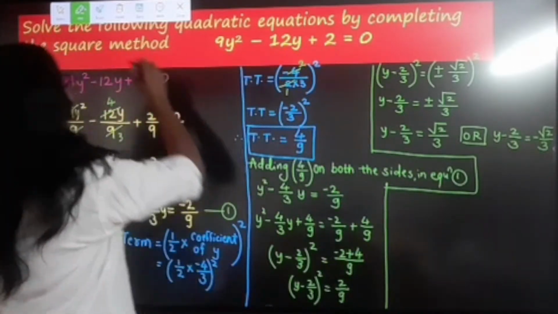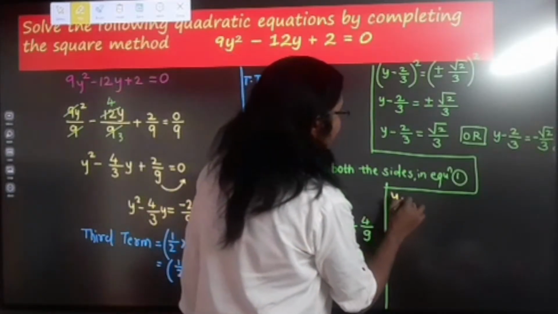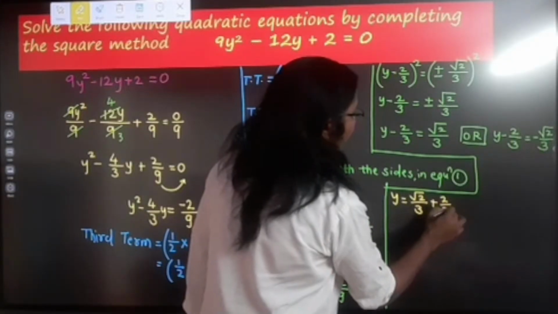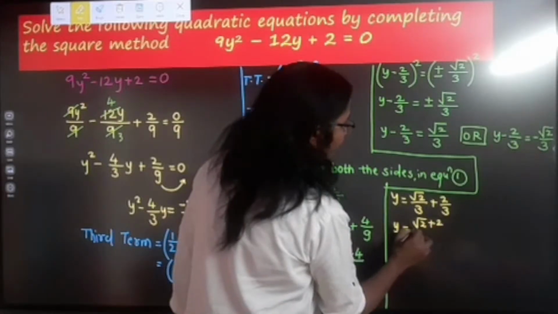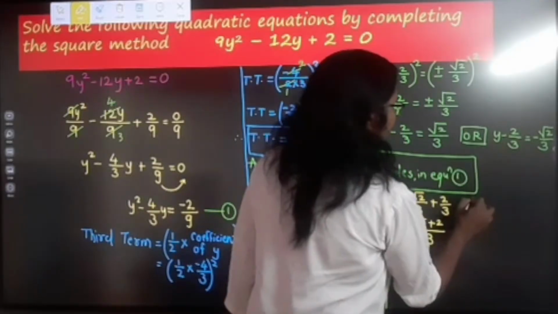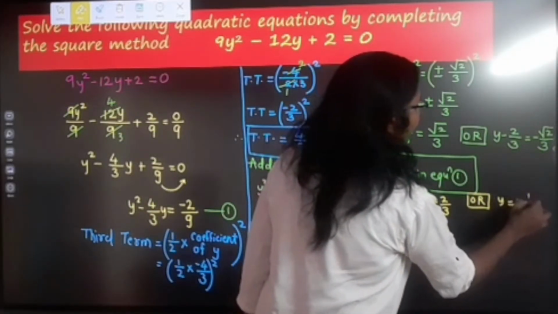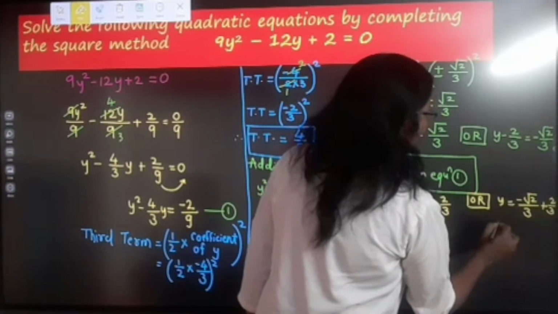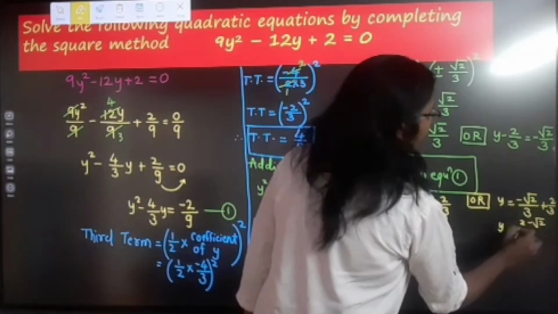Okay students, then the next step will be that y is equal to root 2 upon 3 plus 2 upon 3. That means y is equal to root 2 plus 2 upon 3. And then the second one, y is equal to minus root 2 upon 3 plus 2 upon 3. So y is equal to 2 minus root 2 upon 3.